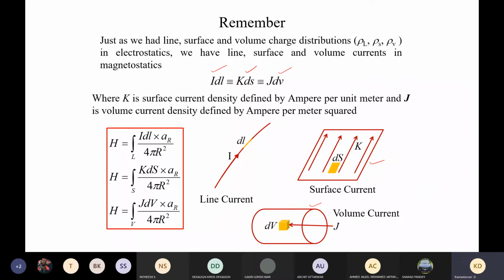So it depends on the application or the shape of the structure we have taken into account. We have to apply the coordinate system and the corresponding vector calculus. You are supposed to be good at choosing the proper coordinate system, and you have to apply the corresponding vector calculus as well as differential calculus.